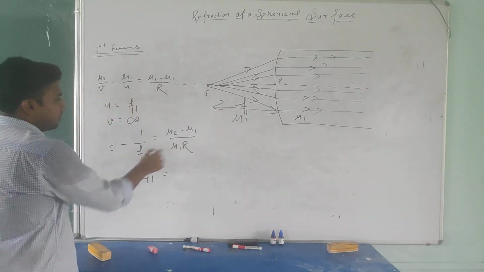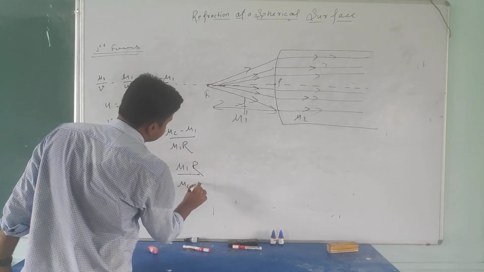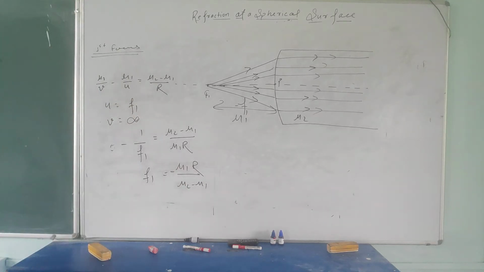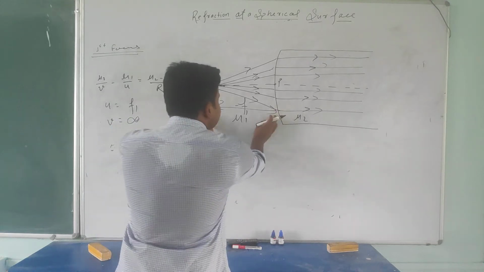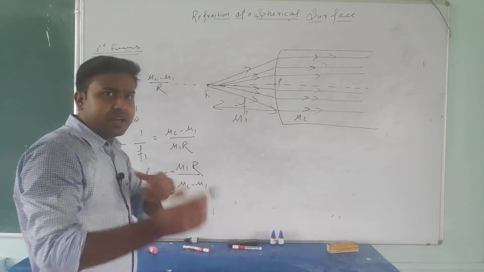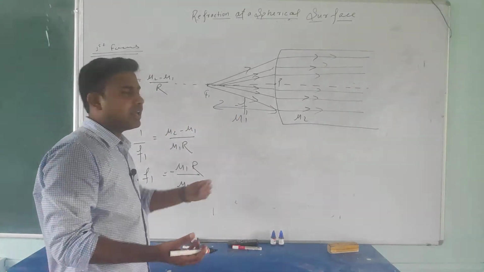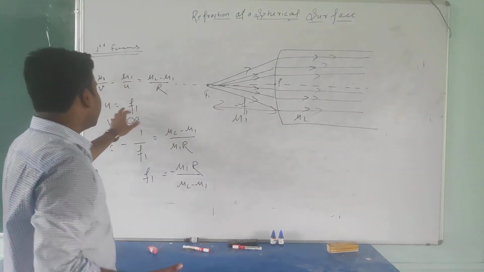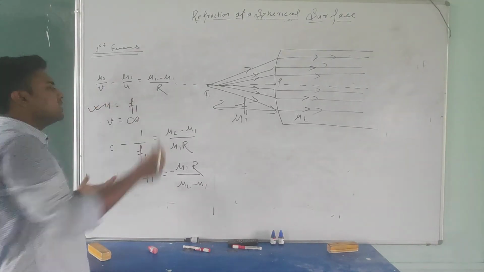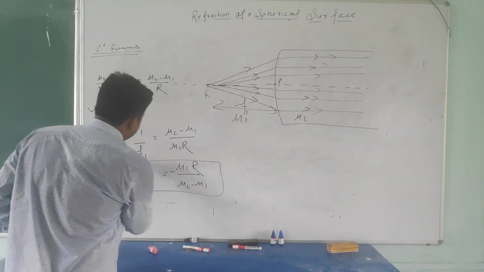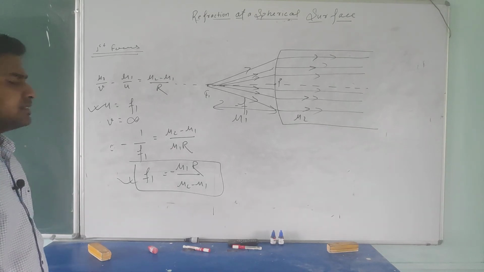So F1 equals mu1 into r divided by mu2 minus mu1 with the negative sign. Why am I getting negative here? Because look, this one is negative, that's why. And if you already know the sign convention, then if you put it, you will get the magnitude. Here I am putting u equal to F1, though by the way it's minus F1, but if we put it like this, then also we'll get the correct answer. So the value of F1 is minus mu1 r divided by mu2 minus mu1.